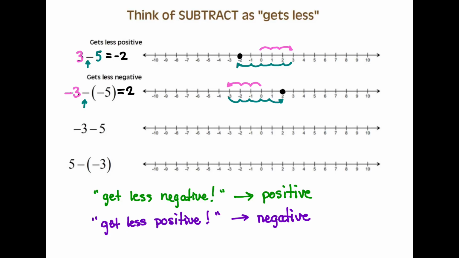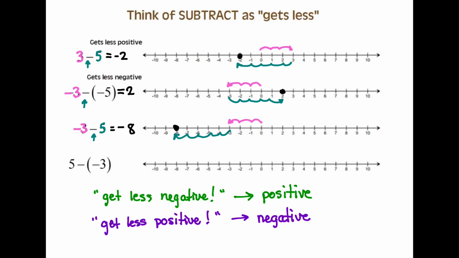Okay, all right, so I'm not going to compare anymore. You can on your own if you want. So negative 3 is where we start. 1, 2, 3 to the left. And I want to get less positive. Okay, so I'm going to go negative. 1, 2, 3, 4, 5. And I end up at 8 in the negative direction.